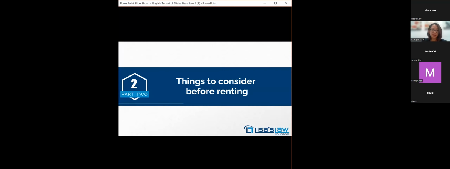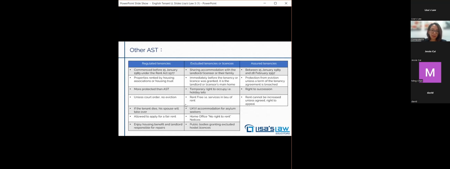And what is an excluded tenancy or license? This is fairly common. We call them maybe occupiers. They are the people who share the accommodation with a landlord or licensor, or any of the family members of the landlord or licensor.